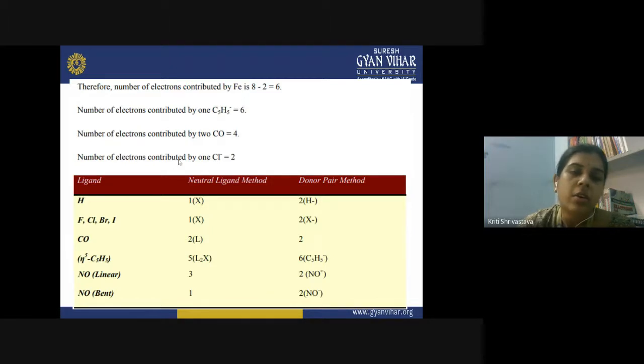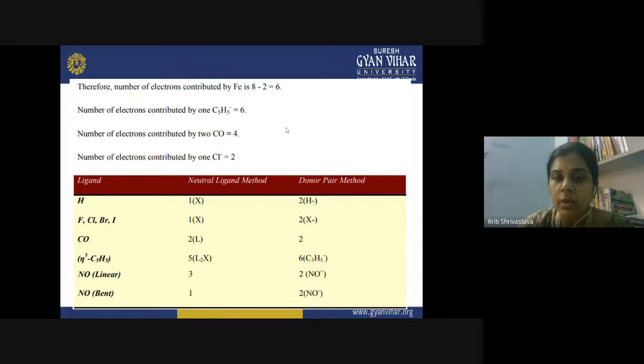Then electrons contributed by 1 Cl minus becomes 2. So when you add these values, 6 and 6, 12, 12 and 4, 16, and plus 2, it becomes 18. So by both methods, we have taken the same example and adopted two methods for the calculation. Both are giving us the 18 electron rule.